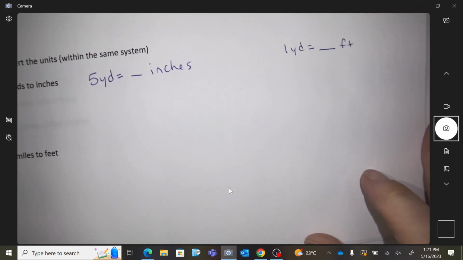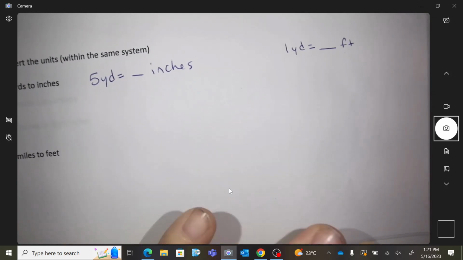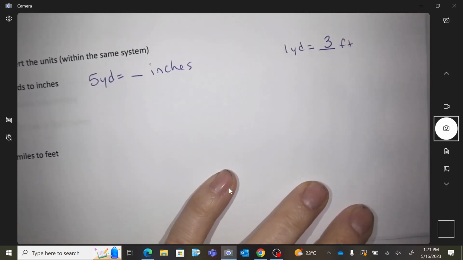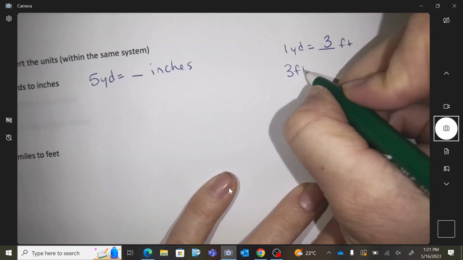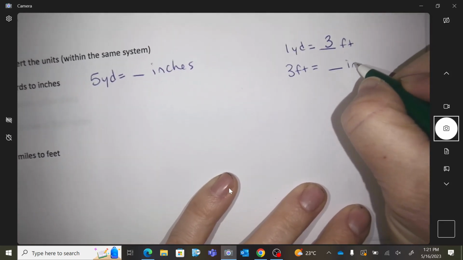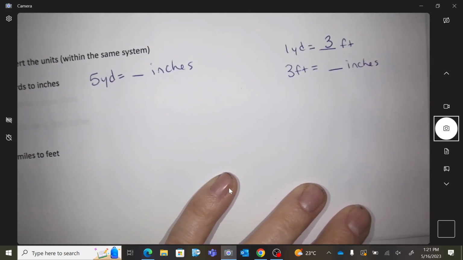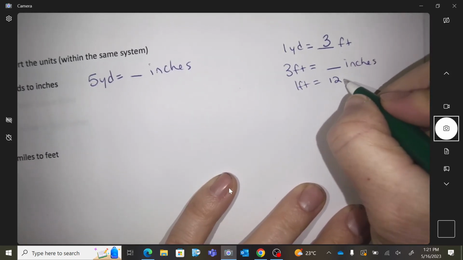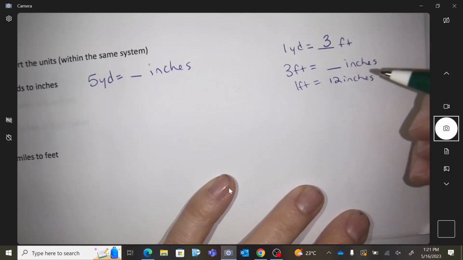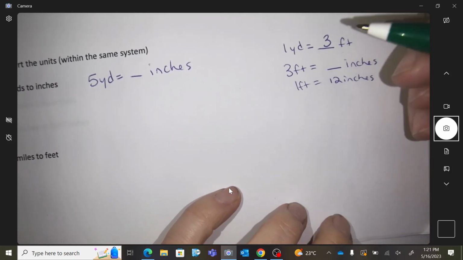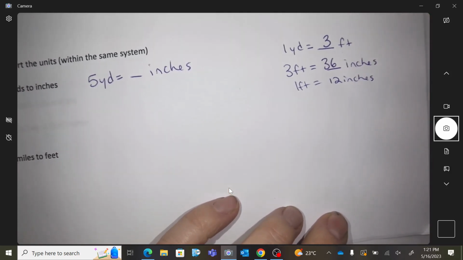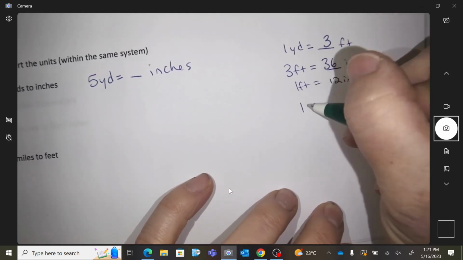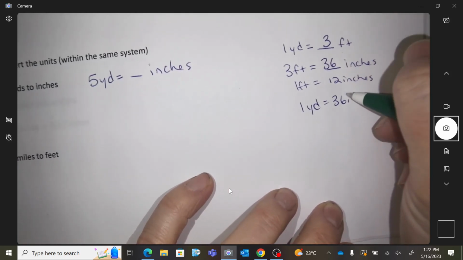How many feet? You got that one memorized? 3 feet are in a yard. And 3 feet would equal how many inches? 1 foot is going to be 12 inches. 36. Okay, so therefore 1 yard equals 36 inches long.